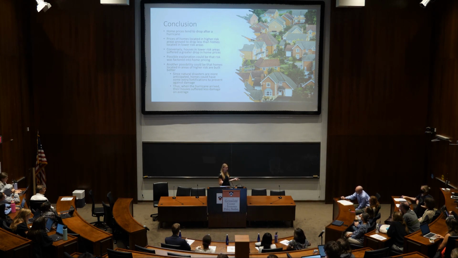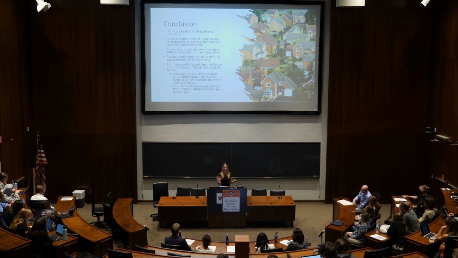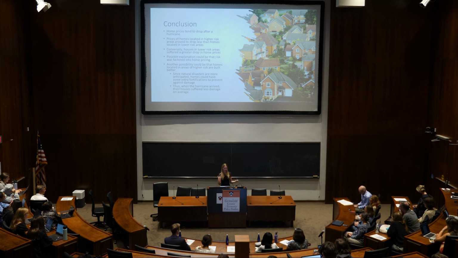However, another possible explanation could be that the homes located in these areas of higher risk were just built better, so there was less damage afterwards, and that's why their prices didn't drop as much. From my research, there's no way to tell exactly what the cause of this was, but once again, interesting grounds for more research. And another thing that could be incorporated is looking at more hurricanes as opposed to just the 3 that I did.